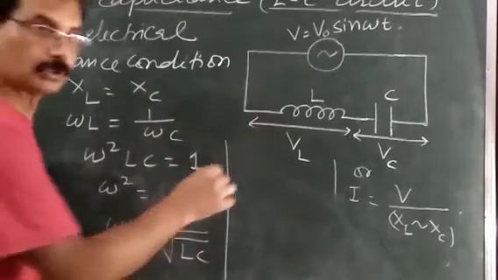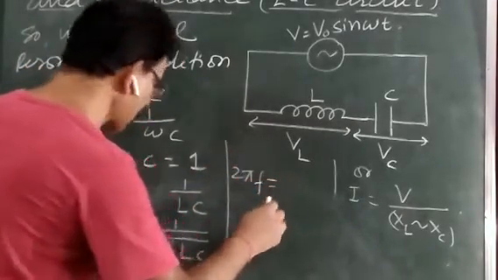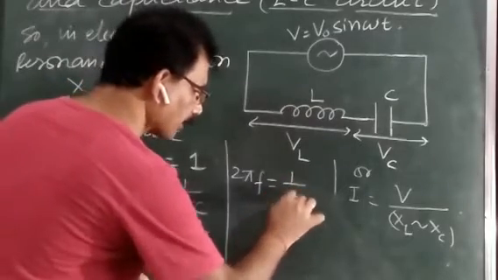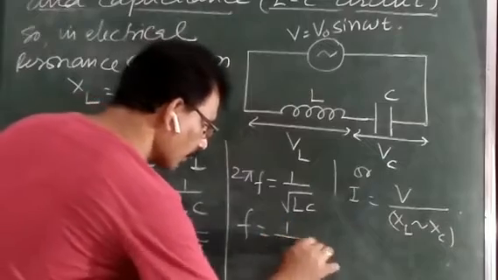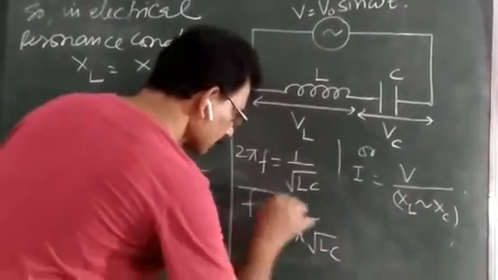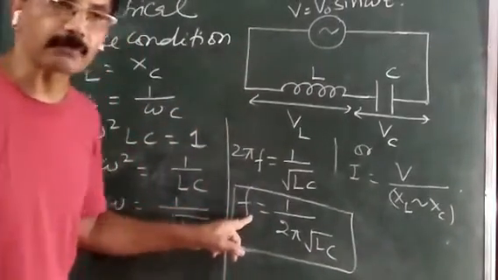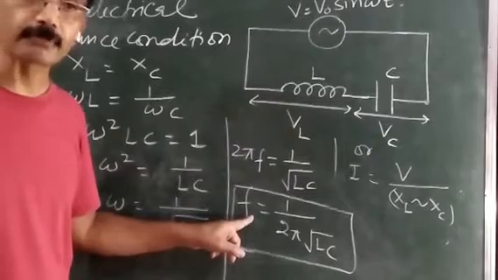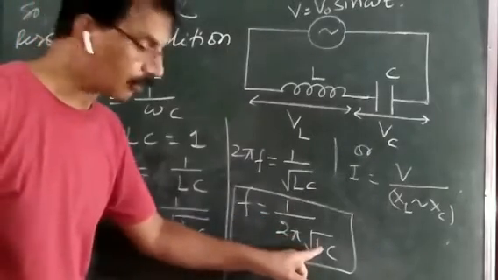Omega is equal to 2 pi f. So 2 pi f is equal to 1 upon root LC. It means f is equal to 1 upon 2 pi root LC. And in this way you can find the resonant frequency. This f is called resonant frequency, and this resonant frequency f is equal to 1 upon 2 pi root L into C.